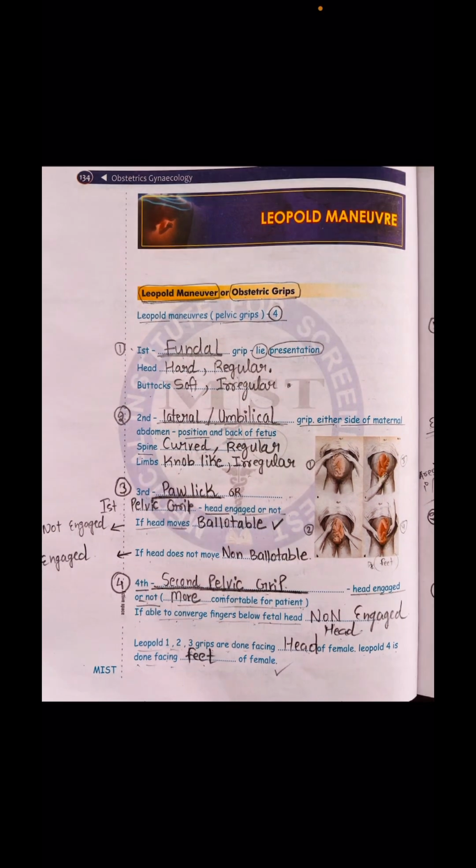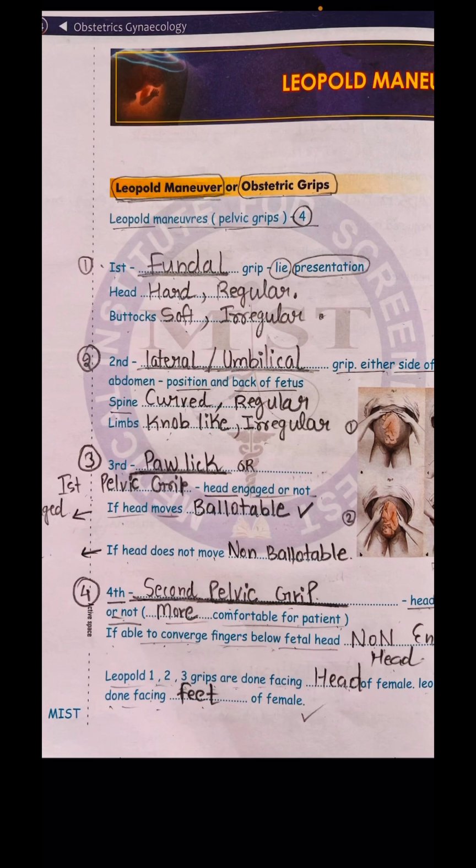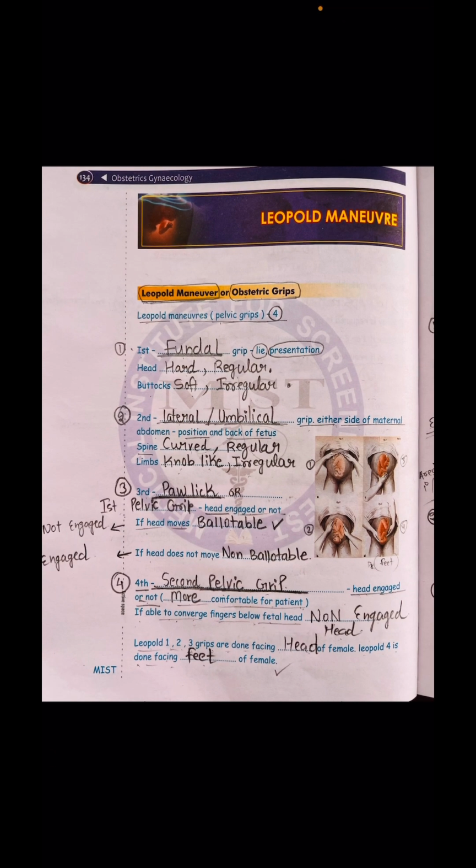If we are able to converge the fingers below the fetal head, then the head is not engaged. If we are not able to converge our fingers towards the head of the fetus, it means the head has already engaged for the delivery.